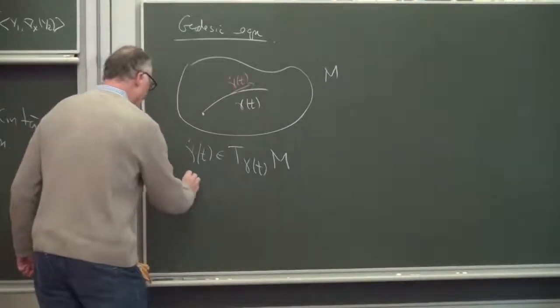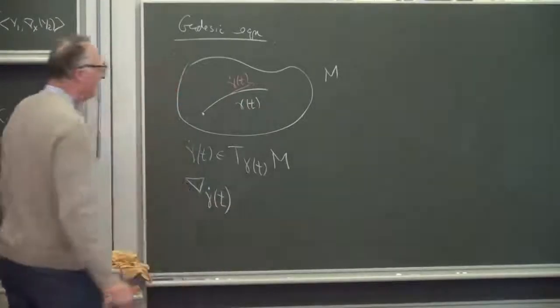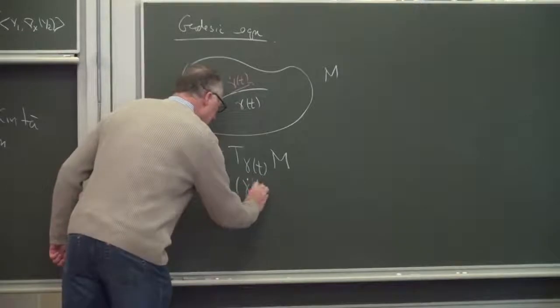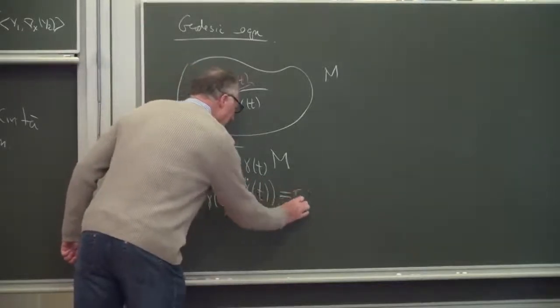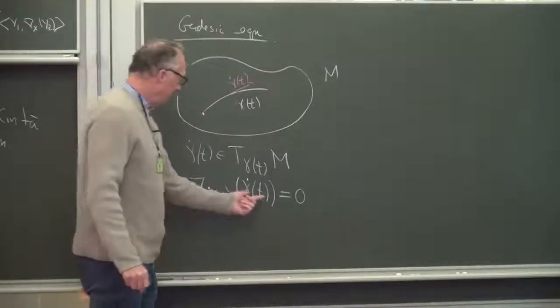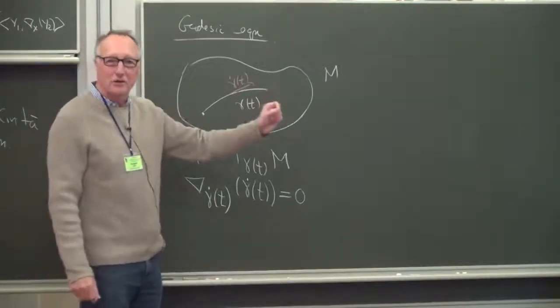And the geodesic equation is that the covariant derivative in the direction of the tangent vector of the tangent vector is 0. Now this actually requires a little explanation because these are not vector fields. These are only vector fields along a curve.